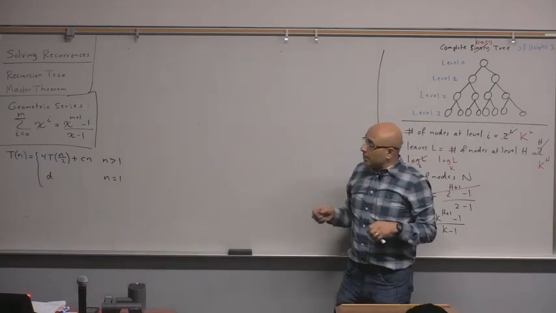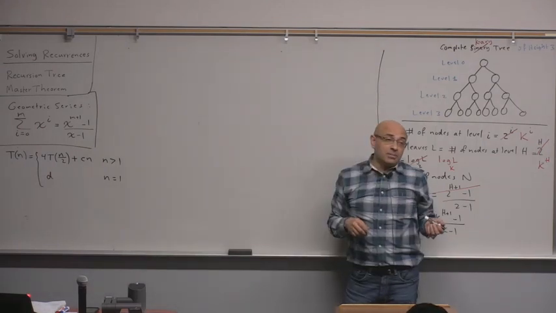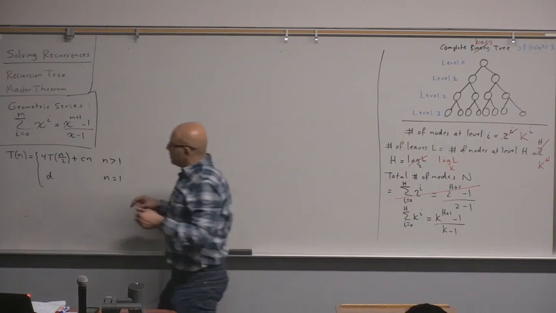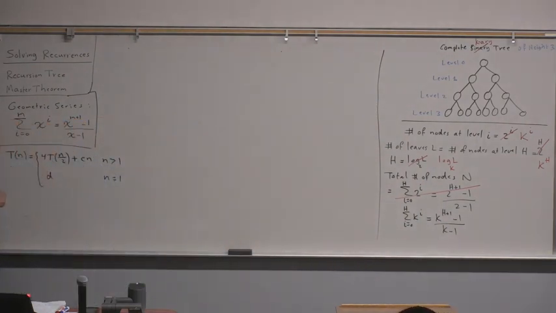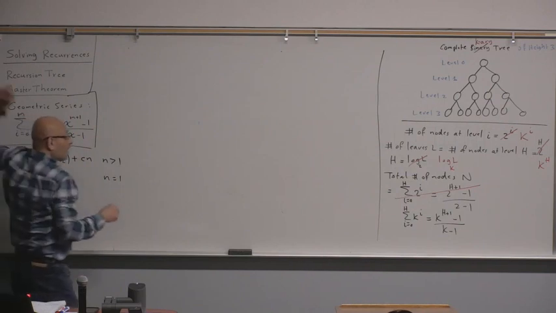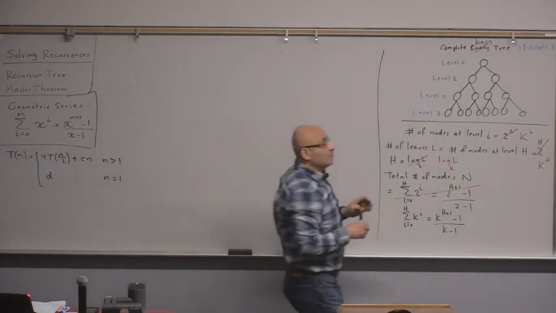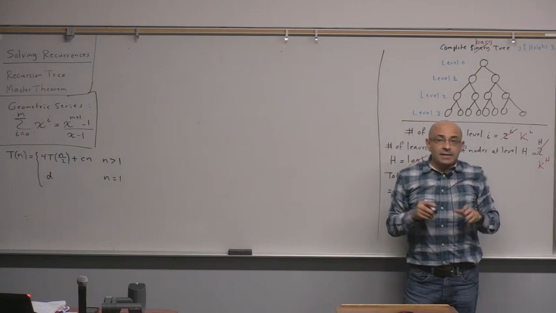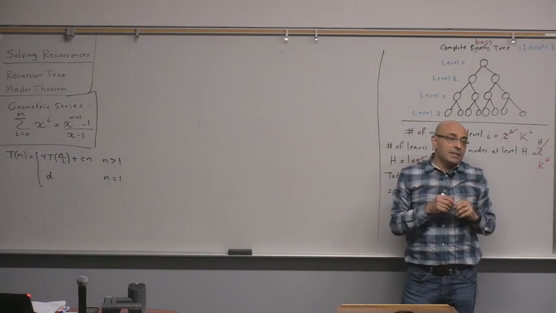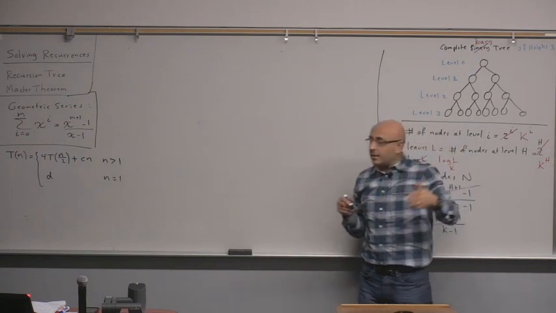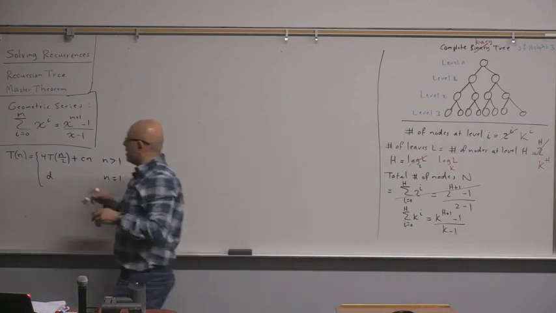Into how many subproblems does it divide the original problem? Into 4. So this is a divide and conquer algorithm that divides the original problem into 4 subproblems, but each problem is half the original size. Okay, so if it divides it into 4 subproblems, the size of each subproblem is not necessarily 1/4 of the original size.